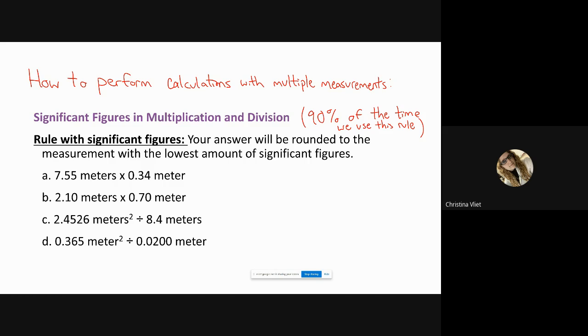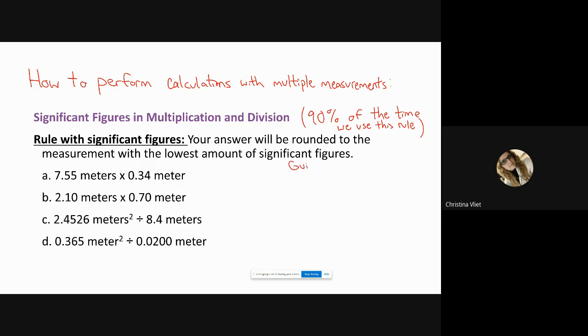If you have multiple measurements and you're multiplying or dividing them, in order to round, you have to recognize that you can only be as precise in your final calculation as your least precise measurement. So there is a guiding principle here. I'll write it.